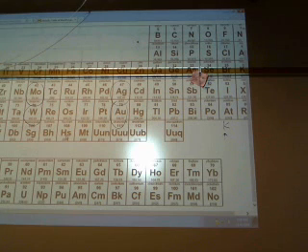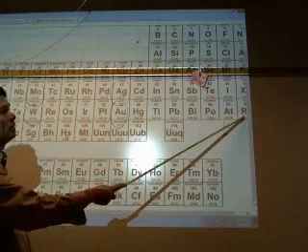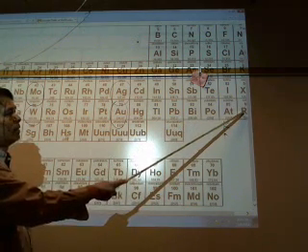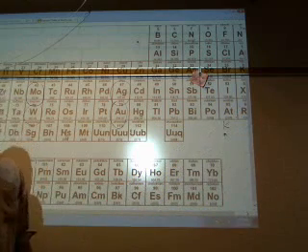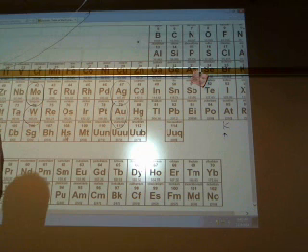And so we could do that, or we could use noble gas abbreviations. What would be the nearest noble gas? Well, this is element 92, and so it would be the last one, radon. Radon is an interesting noble gas because normally you think of noble gases as being inert.